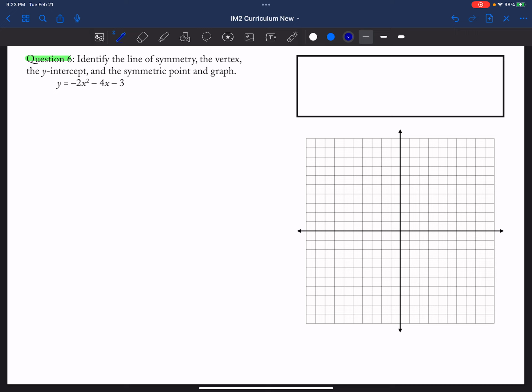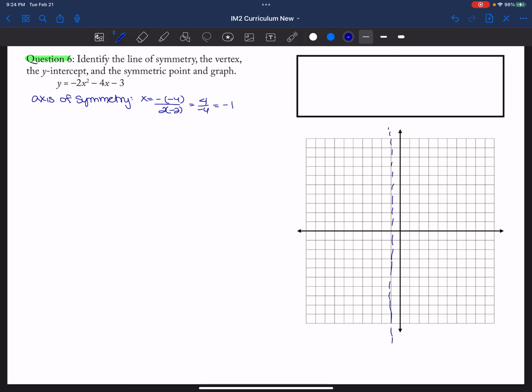Okay. So now we're going to go ahead and graph. So my axis of symmetry is x is equal to -4 over 2 times -2. So this is 4 over -4, which is -1. So at -1, I have my axis of symmetry.